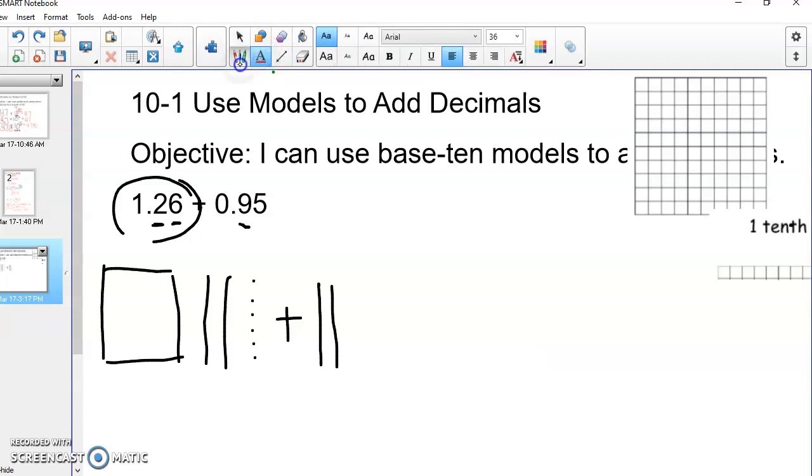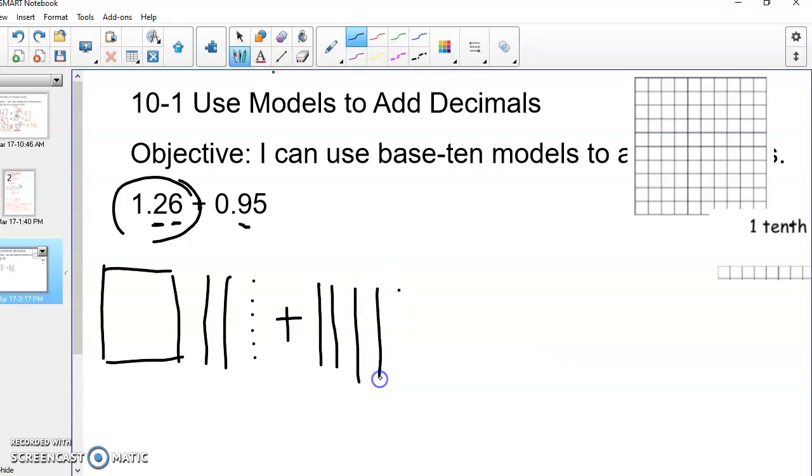Okay, so we have 9 of these: 1, 2, 3, 4, 5, 6, 7, 8, 9. And then we have 5/100ths. Or another way to think about it is we have 95 cents. I like to compare this to money a lot.